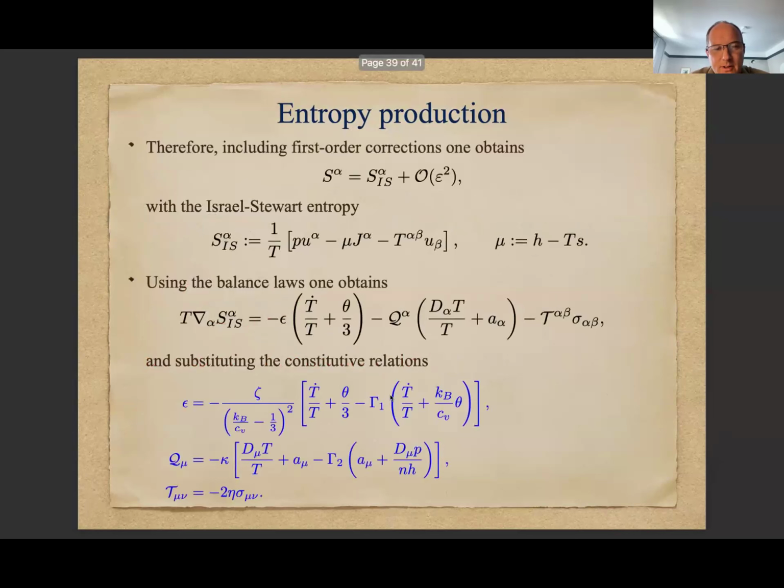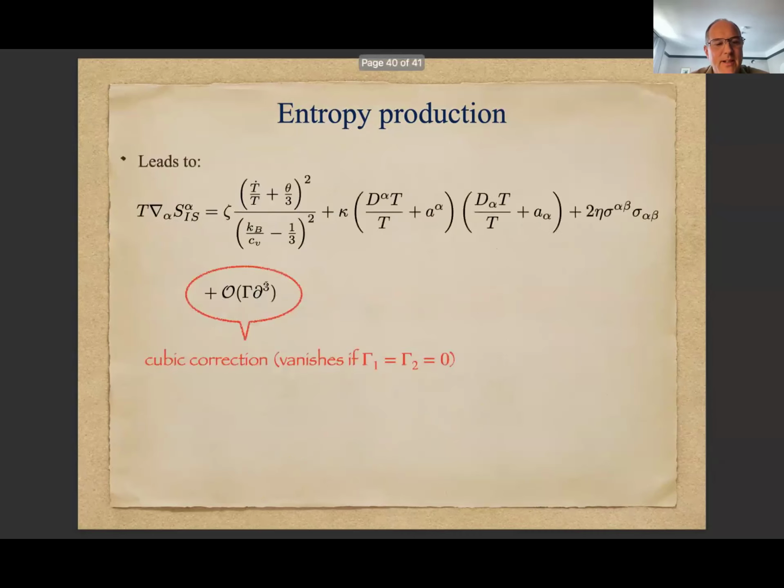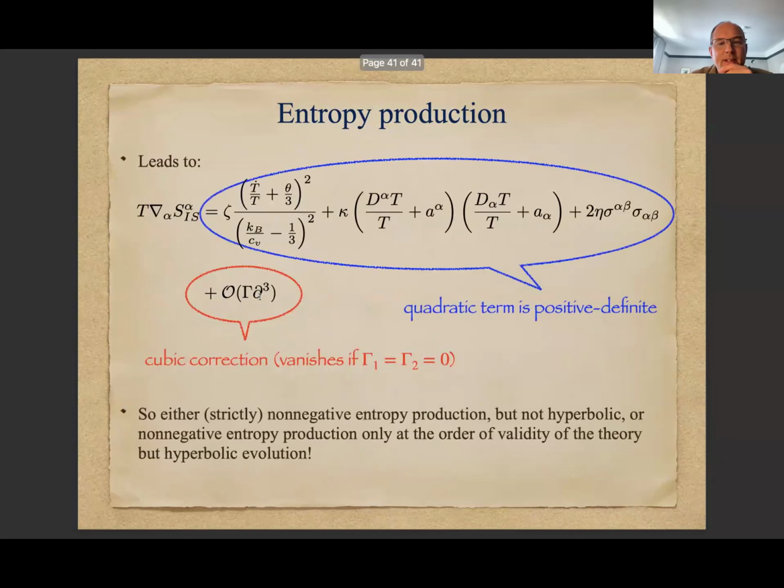Why are they cubic? Because remember that this combination here, because of the balance equation more precisely, is second order in the gradients. So that's why these are cubic in the gradient. What happens is that you get this quadratic term, which is positive definite. If you could choose gamma 1, gamma 2 equals 0, you would have exact non-negative entropy production.